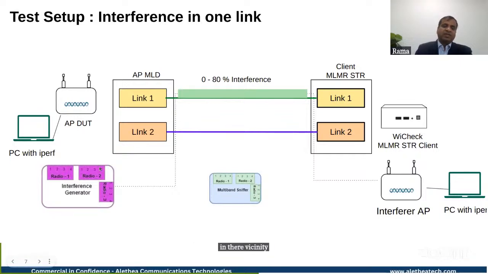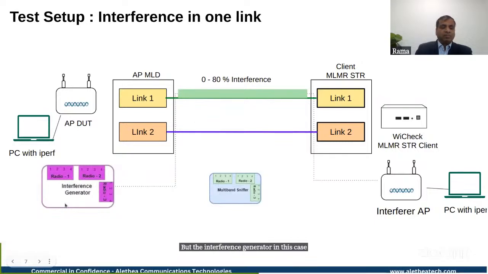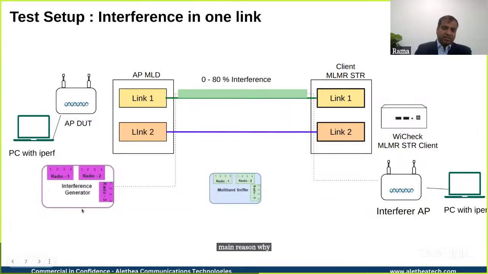For example, if I replace this with a client, this client will back off when this setup's client is talking, or the AP in this setup is transmitting. But the interference generator in this case maintains its transmission irrespective of what other devices are doing in the vicinity. That's the main reason why we need this interference generator.